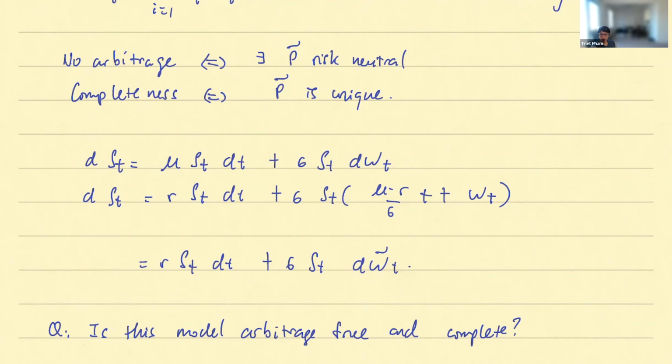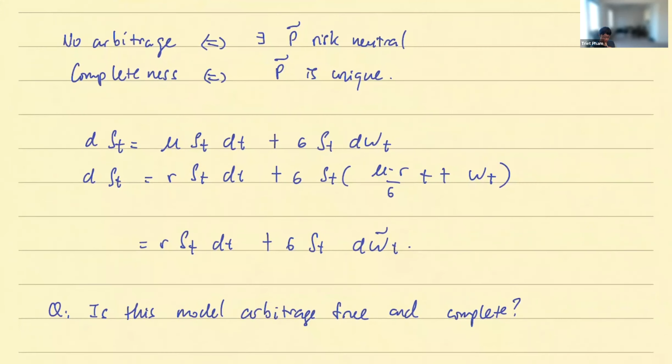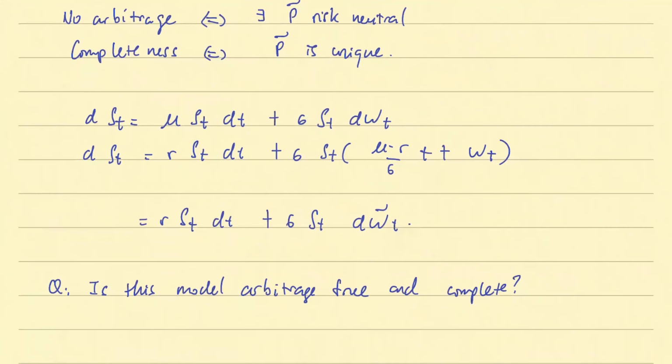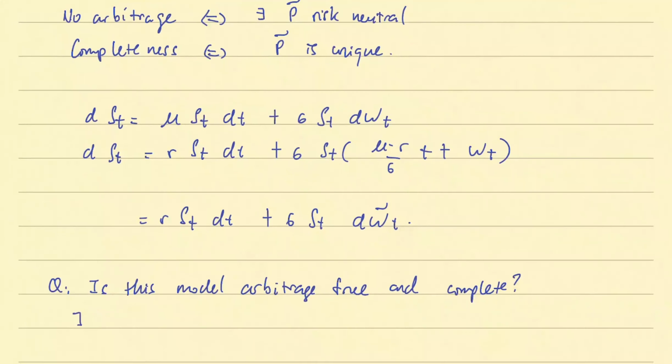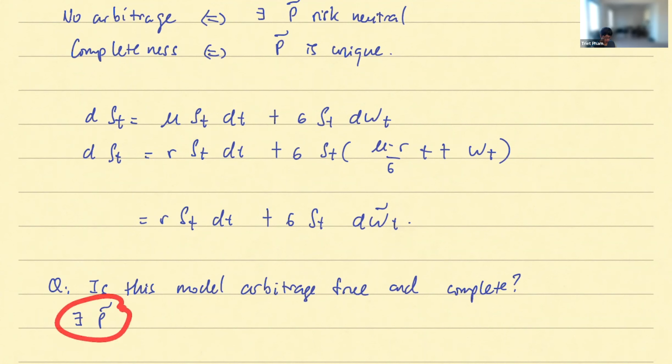Is arbitrage free? Okay. You want to say something, Kareem? Yeah, I was going to say it is no arbitrage because there exists a risk neutral probability, but I'm not sure if it's unique. Right. So first of all, there exists a P tilde. That's correct, because of Girsanov.